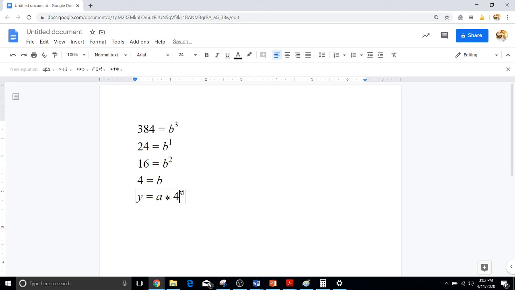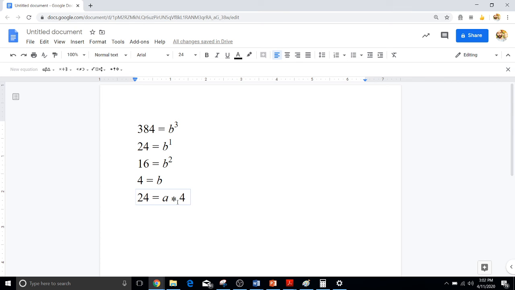We're going to use our first one, which was 1 for our x and 24 for our y. I'm pretty sure we all know that 4 to the power of 1 is just 4. So we don't even need that 1 there anymore. We just got rid of it. And we also know that a times 4 is the same thing as 4 times a, which is just 4a.